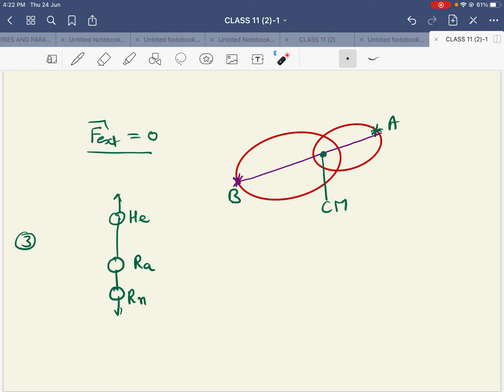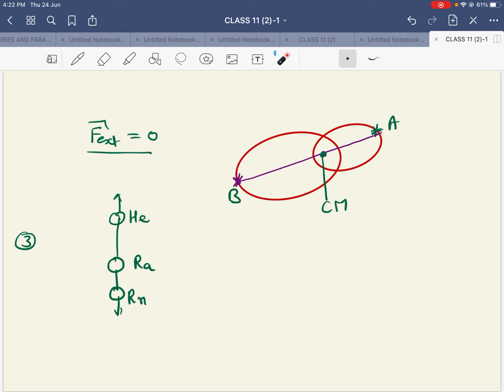If the decaying radium nucleus is at rest, the products of the decay, Rn and helium, move back to back so that their center of mass remains at rest. The line joining these two will have the center of mass, so the center of mass will remain at rest.